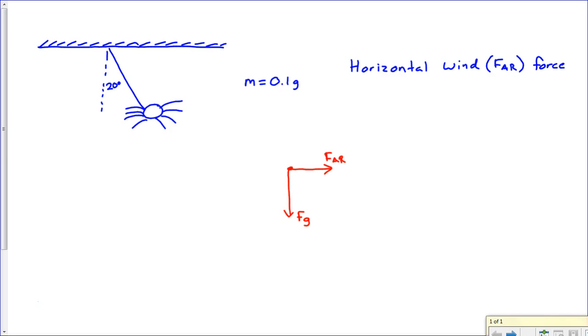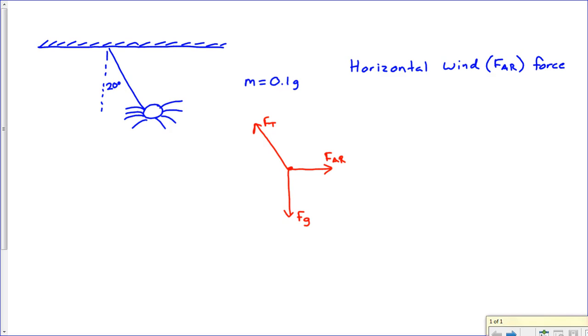So that's where that's coming from. And then we have a tension force. The tension force is always going in the direction of the rope or the string or whatever is attached to it. So if you were looking from the spider's perspective, the tension force is going up this way. All right, so there's a tension force there.